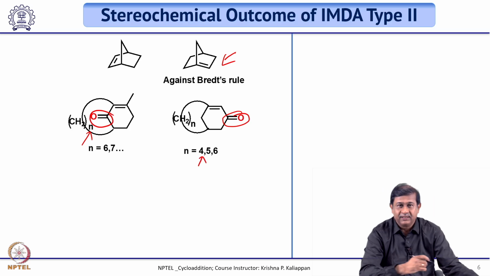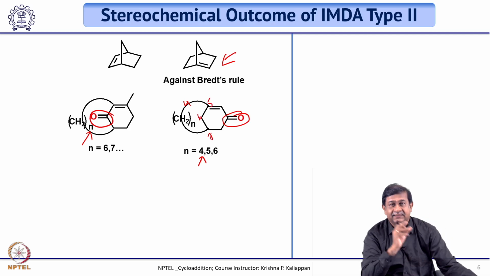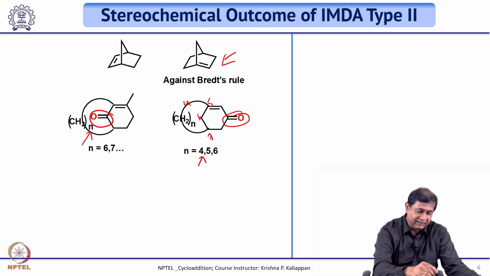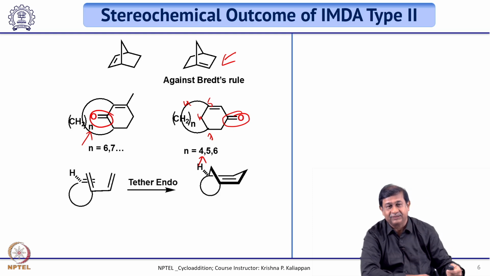So 4 means this is 4, then you have 5, 6, 7, or in other words the second ring should be a 7-membered ring. Whereas if the carbonyl group is part of the second ring, then it should be minimum a 9-membered ring. Okay, then only this reaction will work.